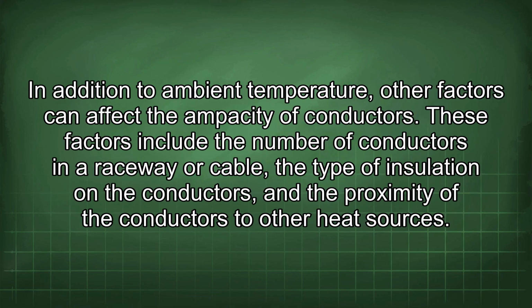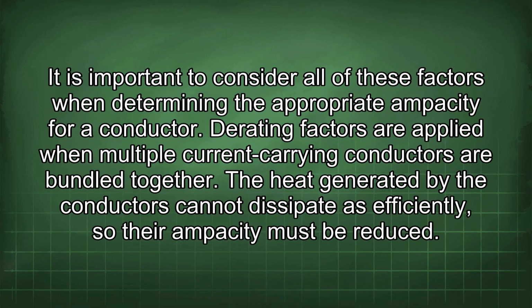In addition to ambient temperature, other factors can affect the ampacity of conductors. These factors include the number of conductors in a raceway or cable, the type of insulation on the conductors, and the proximity of the conductors to other heat sources. It is important to consider all of these factors when determining the appropriate ampacity for a conductor.